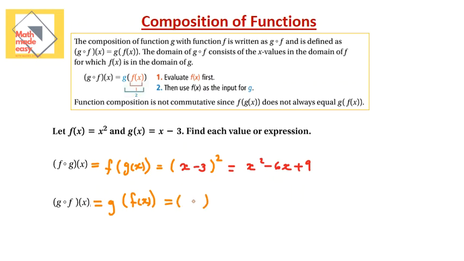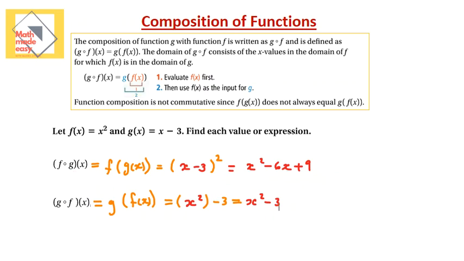I'm not going to write x because I'm going to use f of x as a domain, minus 3. Now I'm going to take the other function, which is f, the second function, and substitute here, which is x squared. When you simplify, your answer is x squared minus 3, which is not the same as x squared minus 6x plus 9. This means that the composition of functions is not commutative.